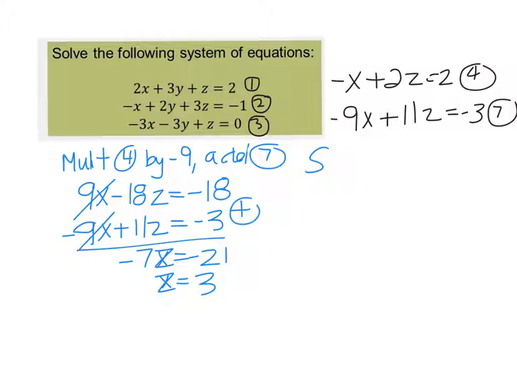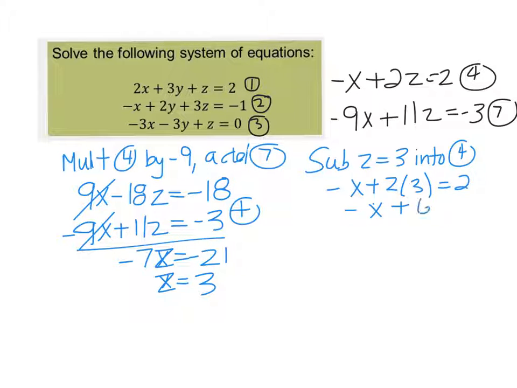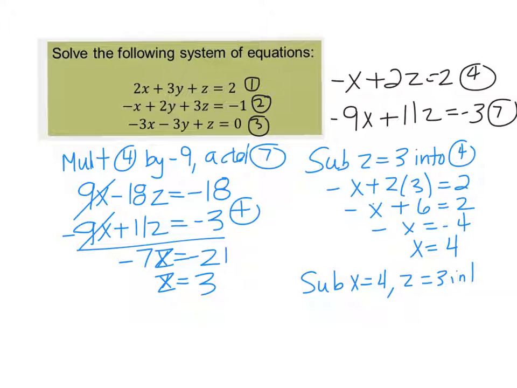Okay, now I'm ready to take that z that I found and substitute it in equation number 4. So sub z is equal to 3 into 4. So I have negative x plus 2 times 3 equal to 2. Negative x plus 6 is equal to 2, which means I have negative x is equal to negative 4, which means that x is equal to 4. And then I'm going to substitute my x is equal to 4 and my z is equal to 3 into my original equation number 1.